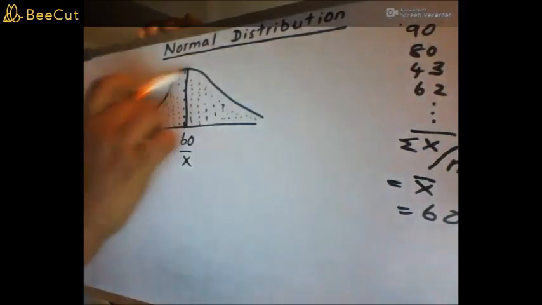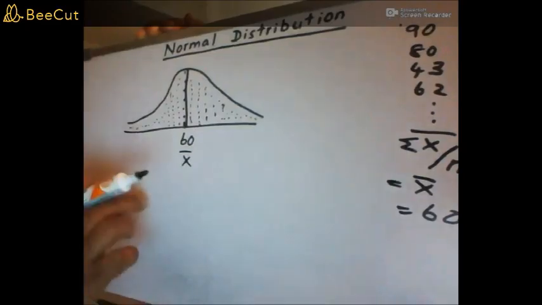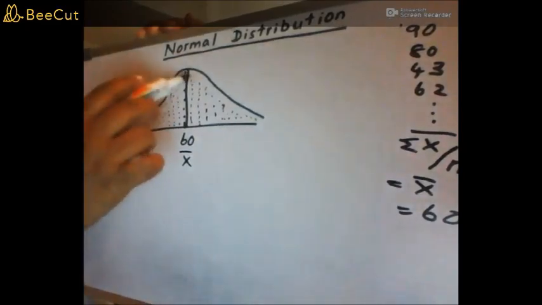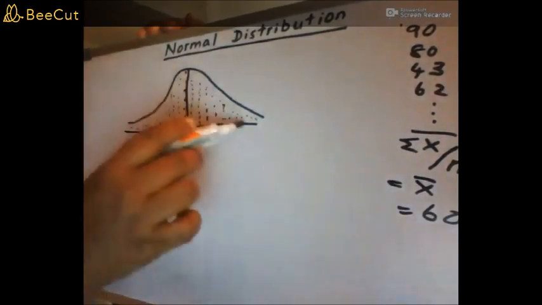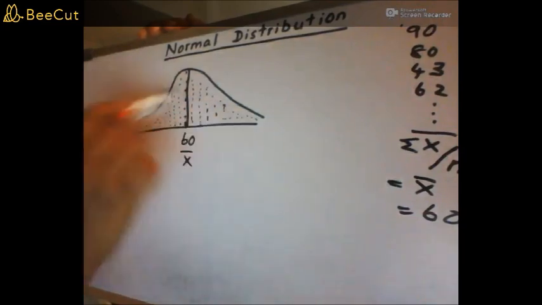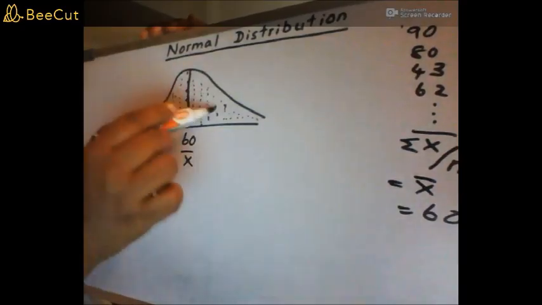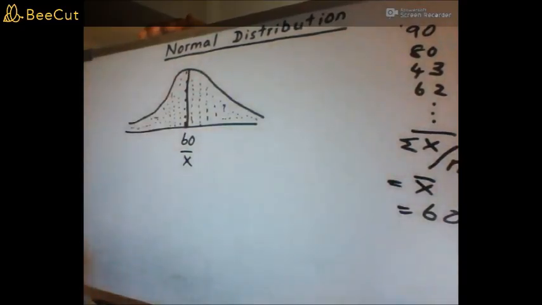So this distribution is called normal distribution. Normally, we see the majority will cluster around the average. A few students will go to the other end with high marks and a few will be with low marks. That is the normal distribution.